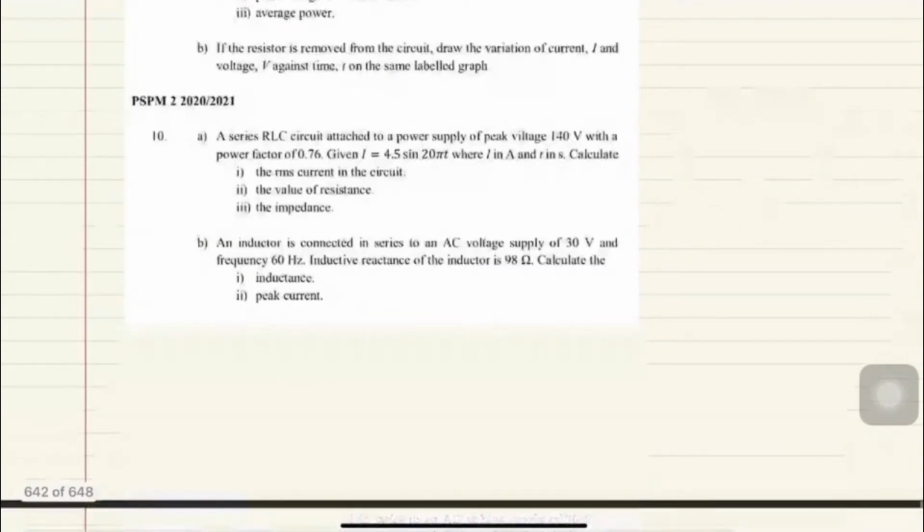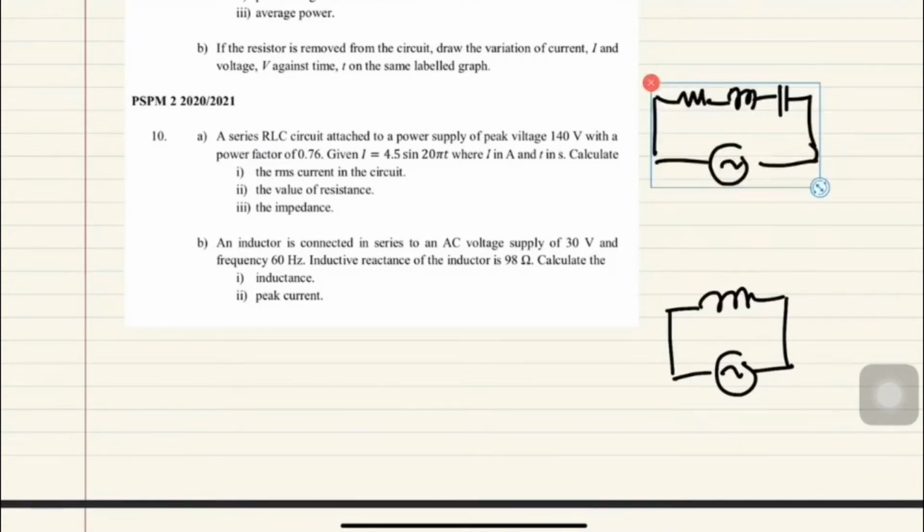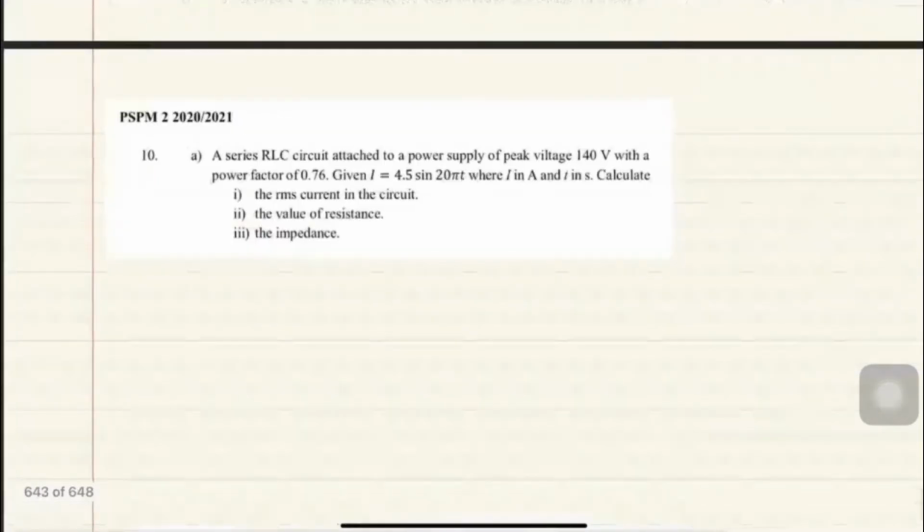And then yang 10 tu adalah RLC. Yang B tu inductance saja. I think so, kena baca balik soalan dia. And then yang A tu adalah RLC. Okay, itu je lah.